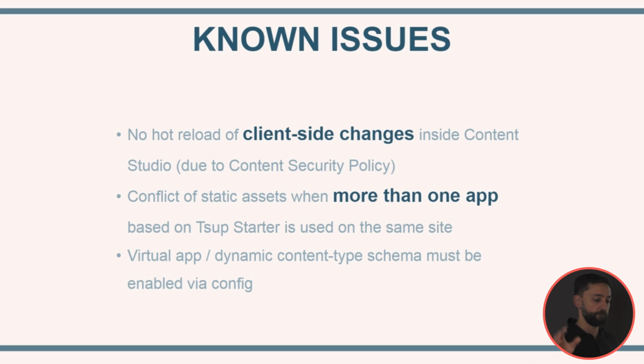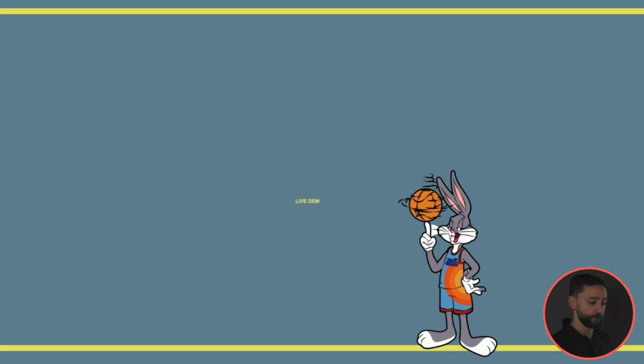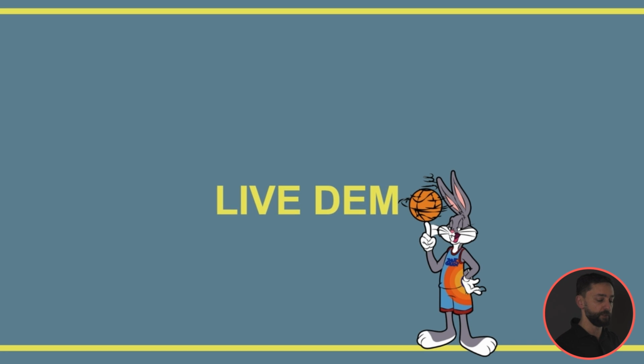If you have built several apps on the starter, then if you are using both of them on the same site, on the same page, then you will get a conflict because our static folder is hard-coded to static. So again, we'll solve this, but we didn't get around to doing that. And the virtual app API, which I mentioned, has to be turned on with the config because it's still experimental.